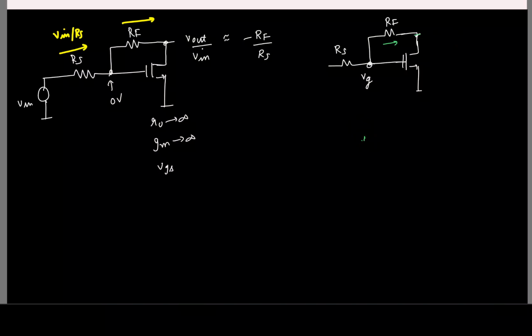It's VG minus V. Okay, let's short circuit it for simplicity. This is VG by RF. What is the current entering here from the transistor? You see that these two have different polarities. So if we choose this to be the case, you will get the output to be 0. This was again similar to one of the quiz questions I gave.